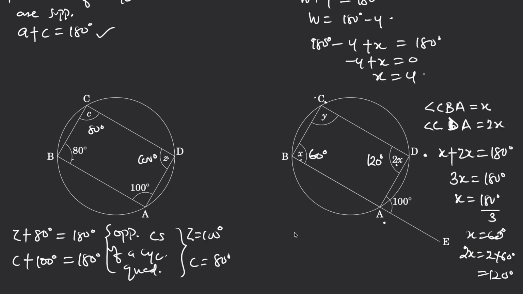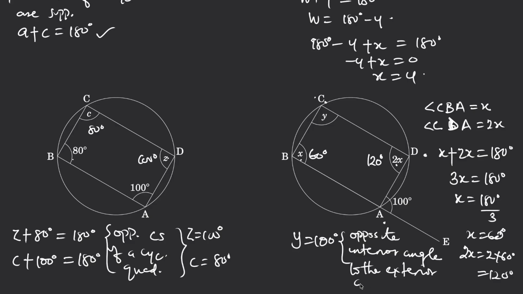So we can say that y is equal to 100 degrees. The reason is because it is the opposite interior angle to the exterior angle DAE.